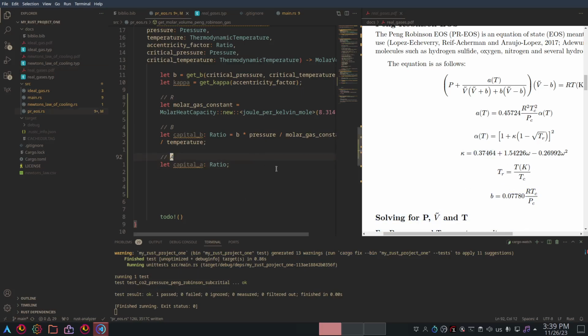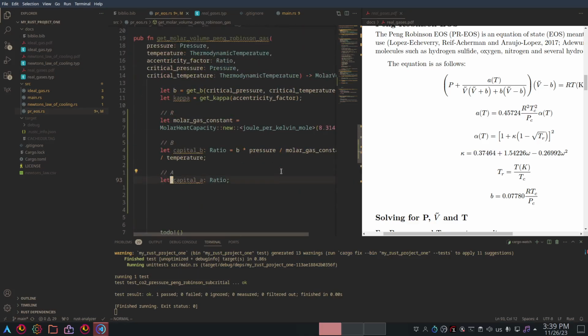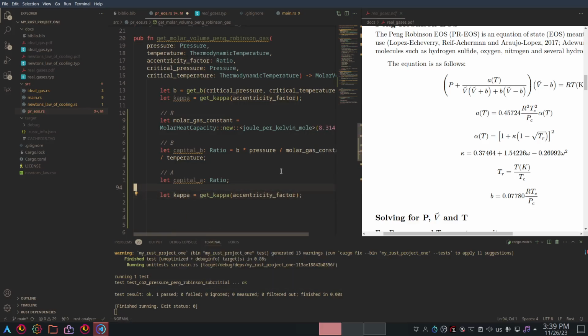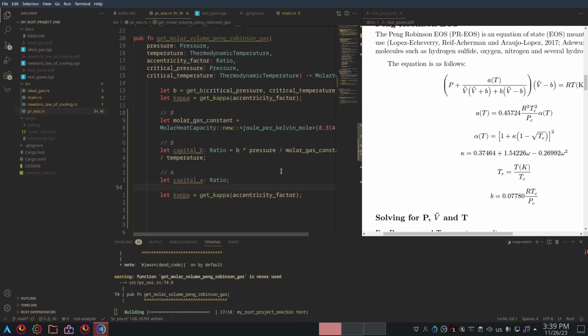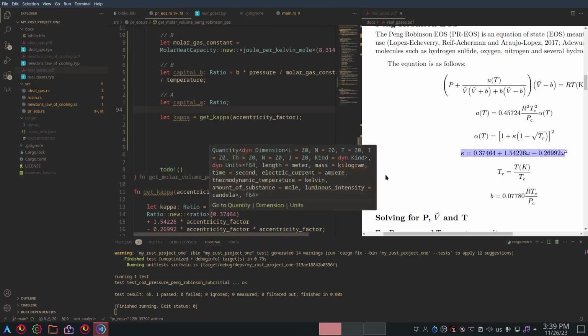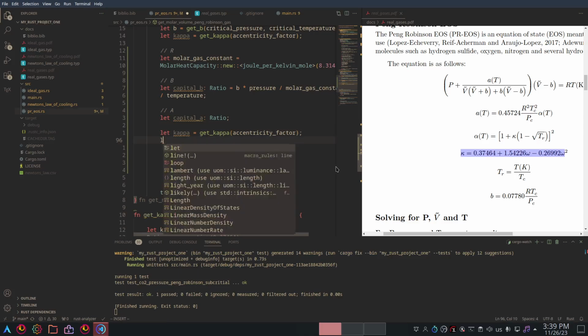So let's do the kappa first. Let kappa equal to get kappa, the eccentricity factor. So I have my kappa. We've coded that before, so we use the kappa again. Let's get the reduced temperature.